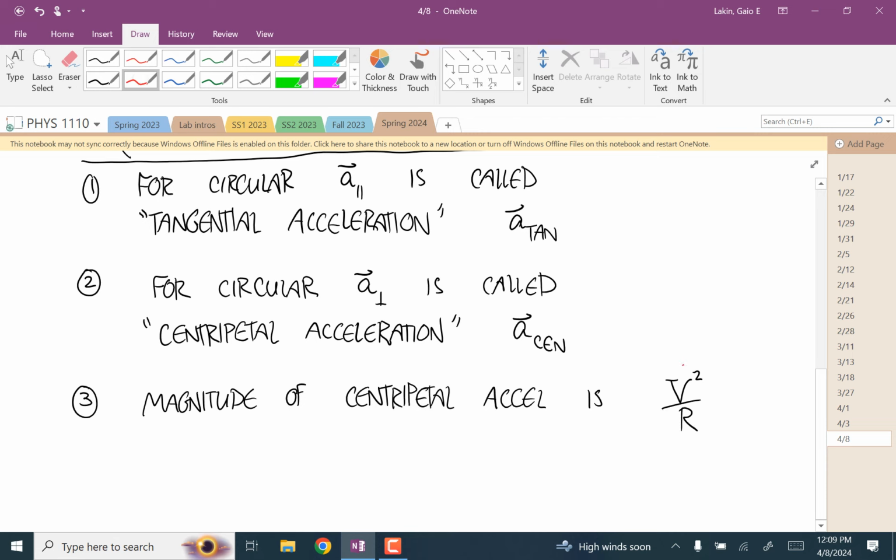So this capital V is the speed. This R is the radius of the circular path.